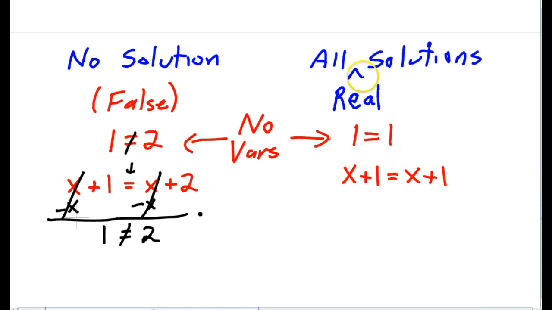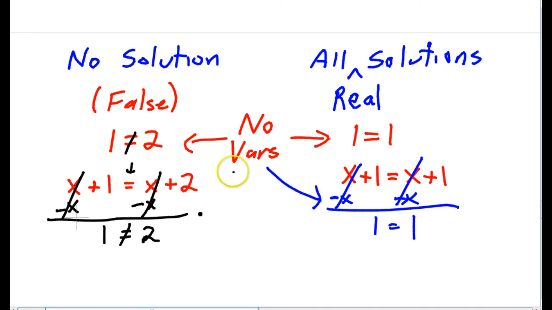You can do this, and all numbers work. All numbers are a solution. If you did a check, everything works. And then if you actually show the work for it, that's when you see both variables cancel out. No variables means both sides of variables cancel out.